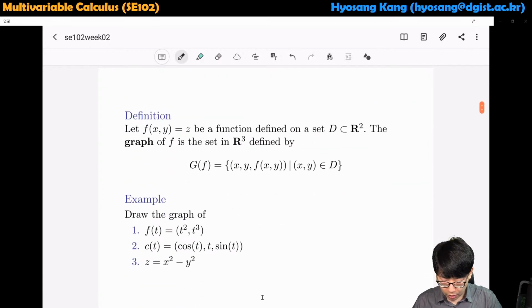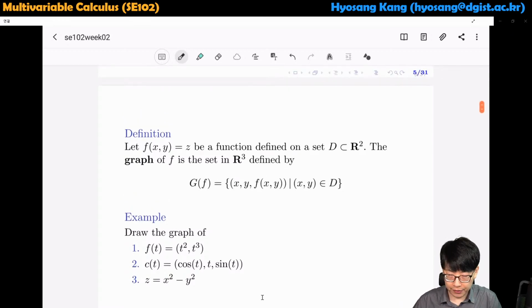When we talk about functions, the first thing that you have to think about is what's the graph. For example, if you have a single variable function, the graph is something like a curve inside of a two-dimensional plane. So let's say we have y equals f of x, a single variable function.